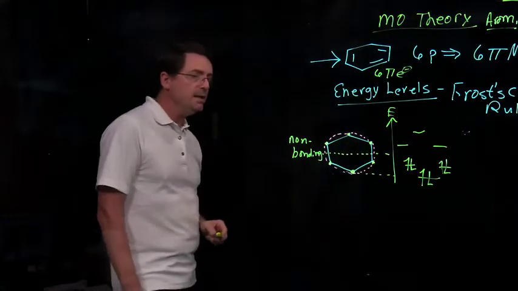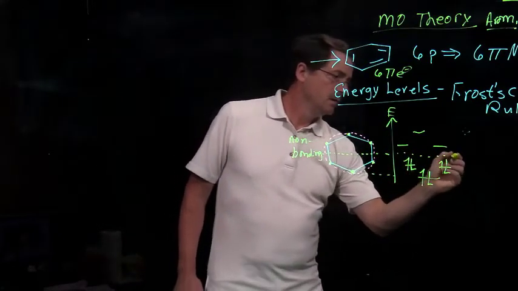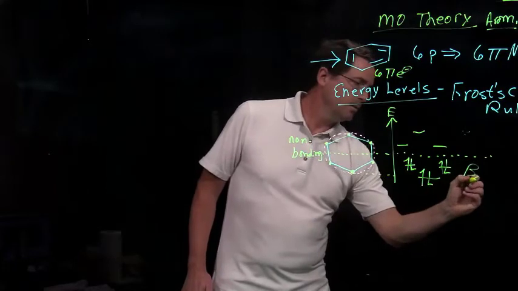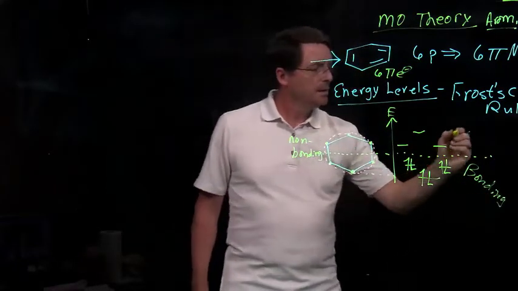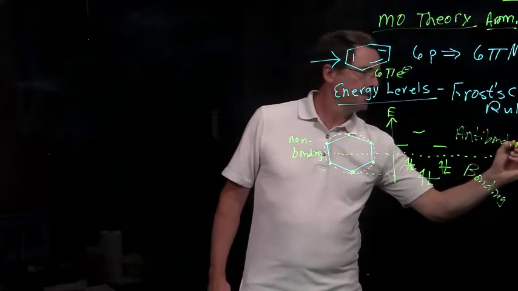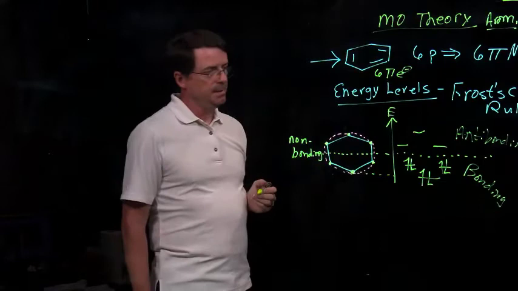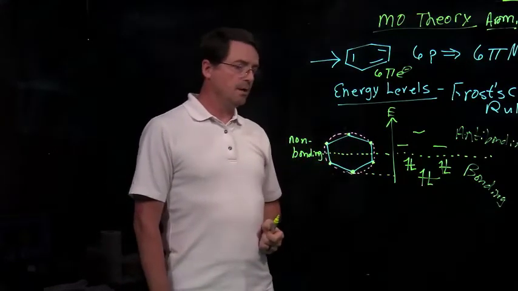And so we see for benzene that all of our bonding orbitals are filled and all of our anti-bonding orbitals are empty.